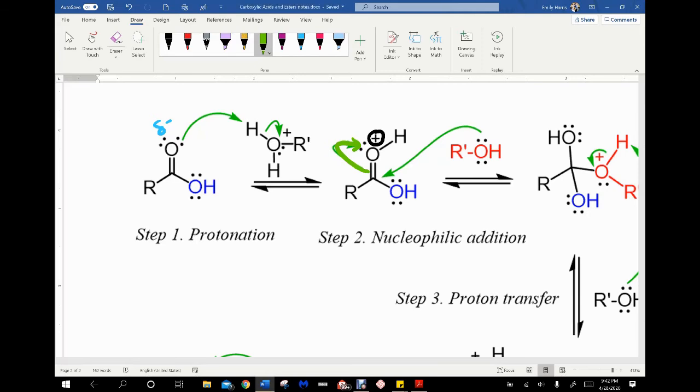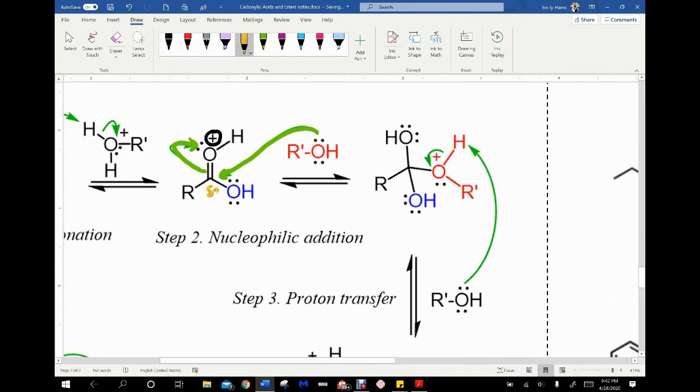At the same time, your alcohol is attacking that partially positive carbon, like a nucleophile would. All right. So at that point, your alcohol is attached, but because it still has that hydrogen at the end, it gives this oxygen a positive charge.